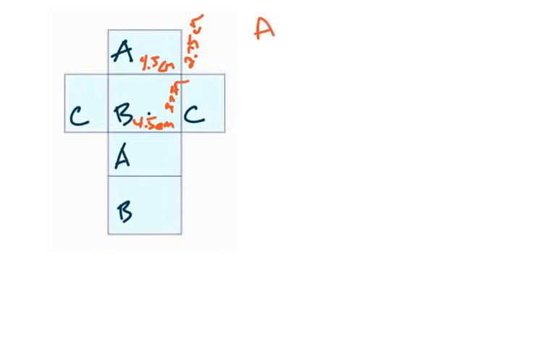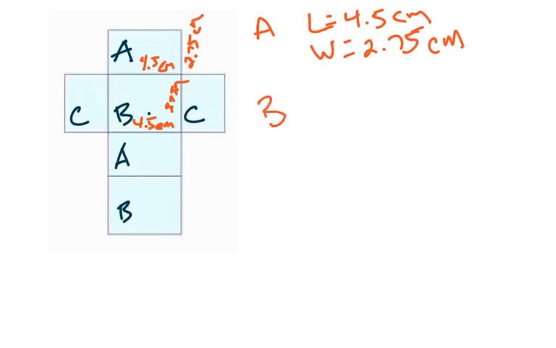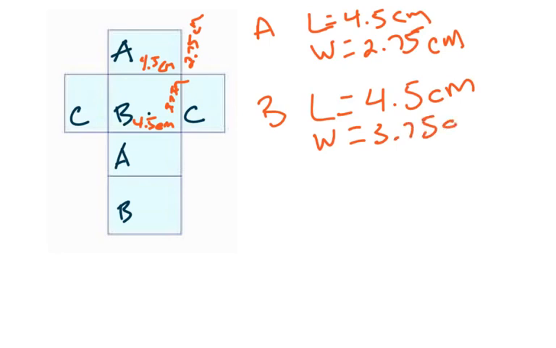So A, length is equal to 4.5 centimeters. Width is equal to 2.75 centimeters. Okay? B, length is equal to 4.5 centimeters. Width is equal to 3.75 centimeters.